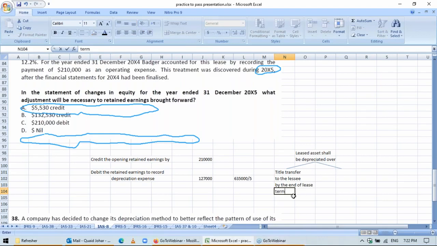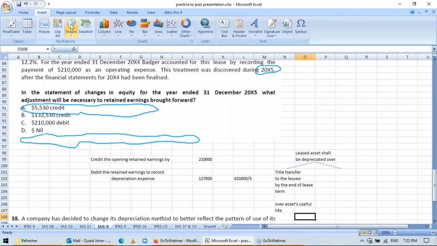then you will record depreciation over the asset's useful life, because the title will transfer to the lessee and the lessee will be able to use the asset for all of its life. Okay.